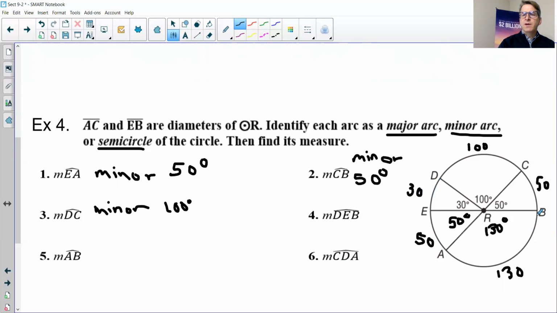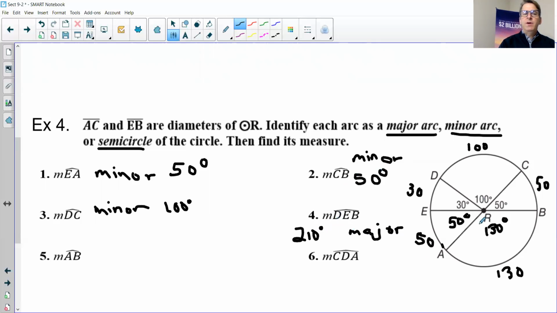DEB. DEB is 210. You take 30 plus 50 is 80 plus 130. So DEB all the way around here is 210. And that's a major arc. Number 5 on example 4, measure of arc AB.